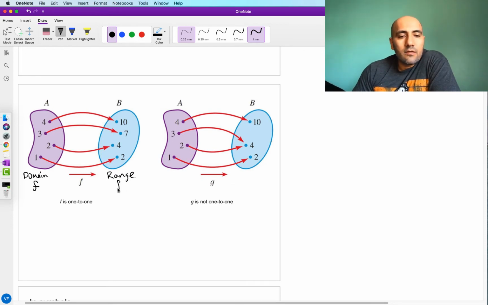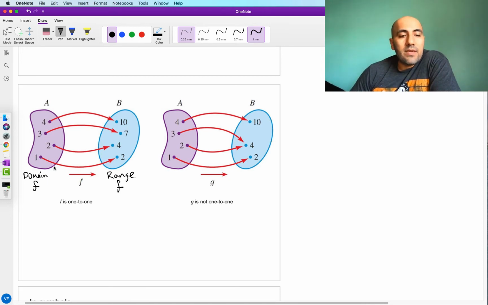The arrow is the operation that f takes. Maybe it's multiplying the input by 2 and adding 2, or maybe squaring the input and dividing by 7. I don't know. Some operation is happening from there to there.